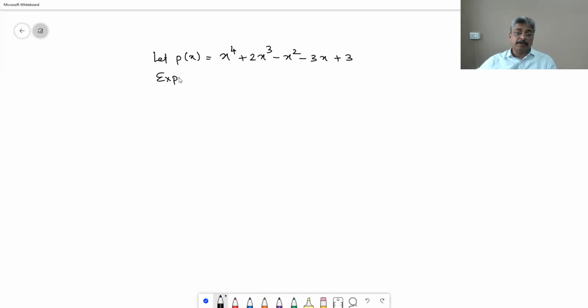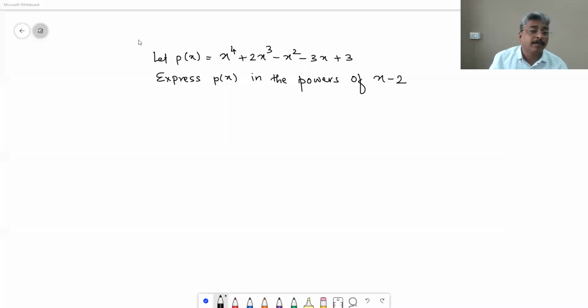Express P of x in the powers of x minus 2. That is the job given, to express P of x in the powers of x minus 2.